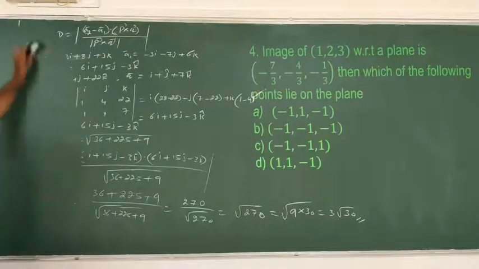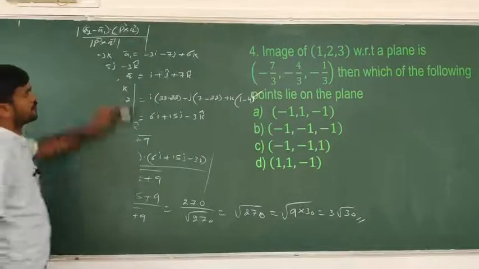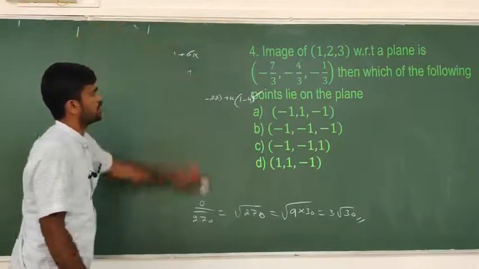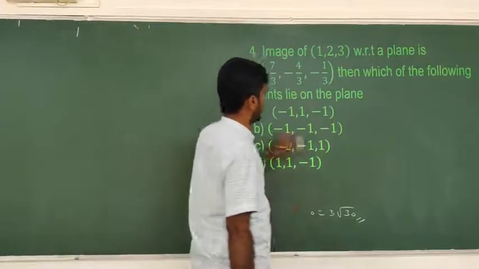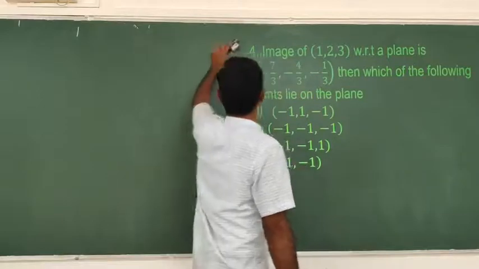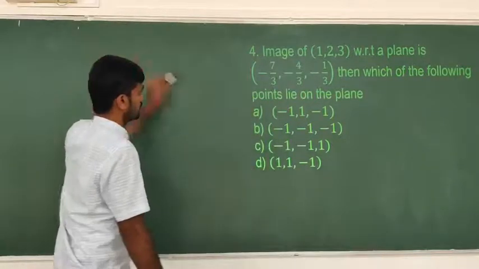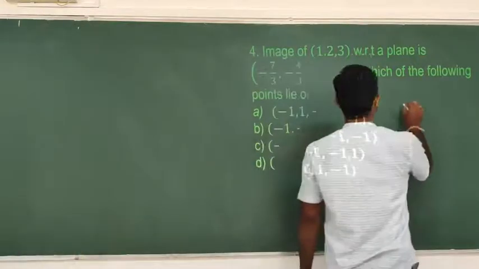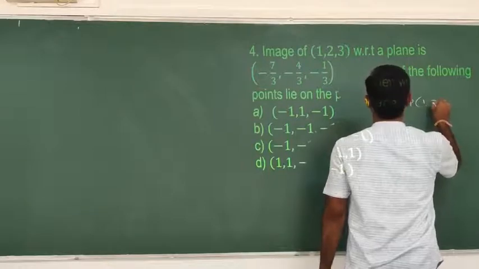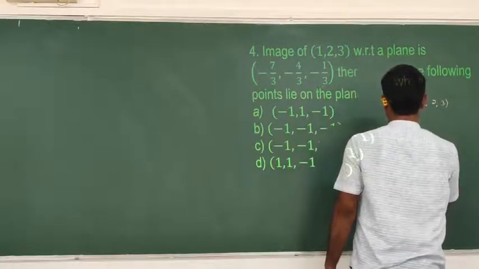The image of (1, 2, 3) with respect to a plane is (-7/3, -4/3, -1/3). Which of the following points lie on the plane? Here this is the point P (1, 2, 3), and this is the plane.